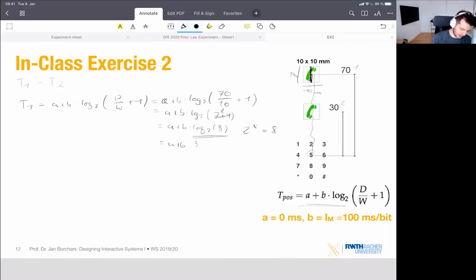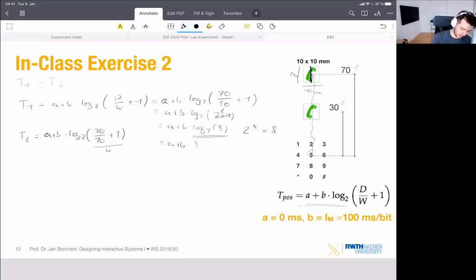And then the second one, T2, I try to be a little bit fast here, is A plus B times the logarithm of base 2. Now we have different values here. We basically have 30 divided by 10 plus 1. And this here is 30 divided by 10 is 3 plus 1 is 4.